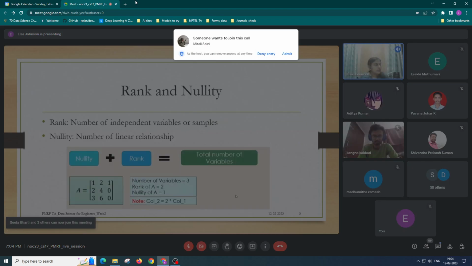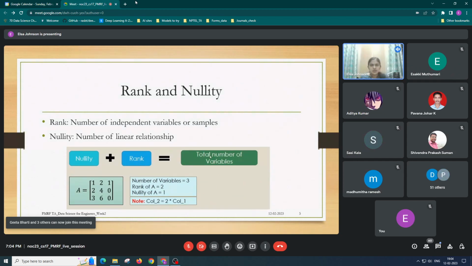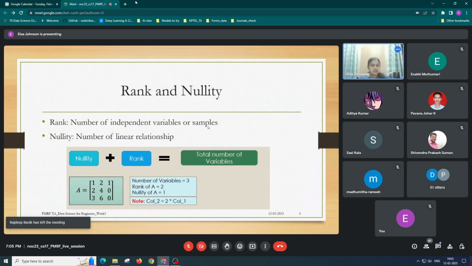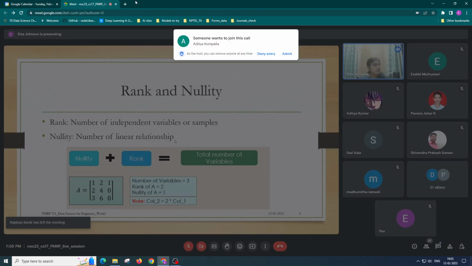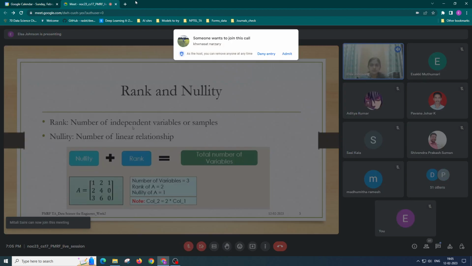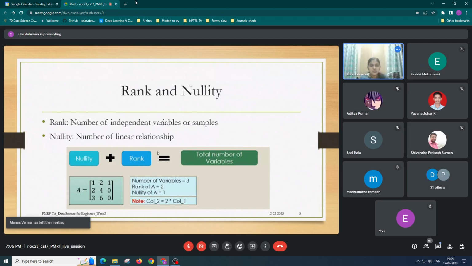Now, rank and nullity. So, depending on rank and nullity, you might have seen different questions in your assignments. So, rank will be like the number of independent variables or samples, and nullity will be like the number of linear relationships which are available in the matrix. Okay, so every time nullity plus rank will give you the total number of variables.